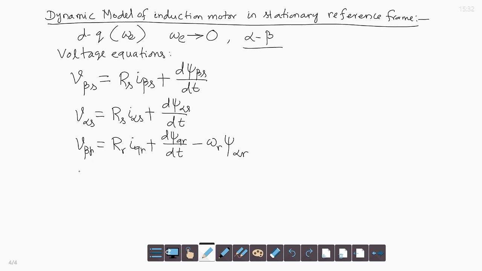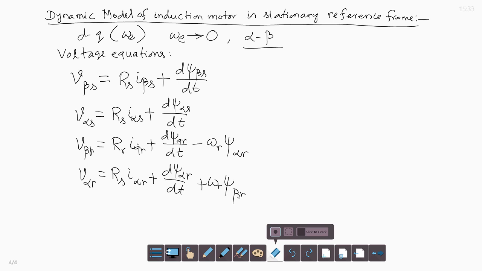Similarly, V alpha r is R r I alpha r plus d psi alpha r by dt plus omega r into psi beta r.